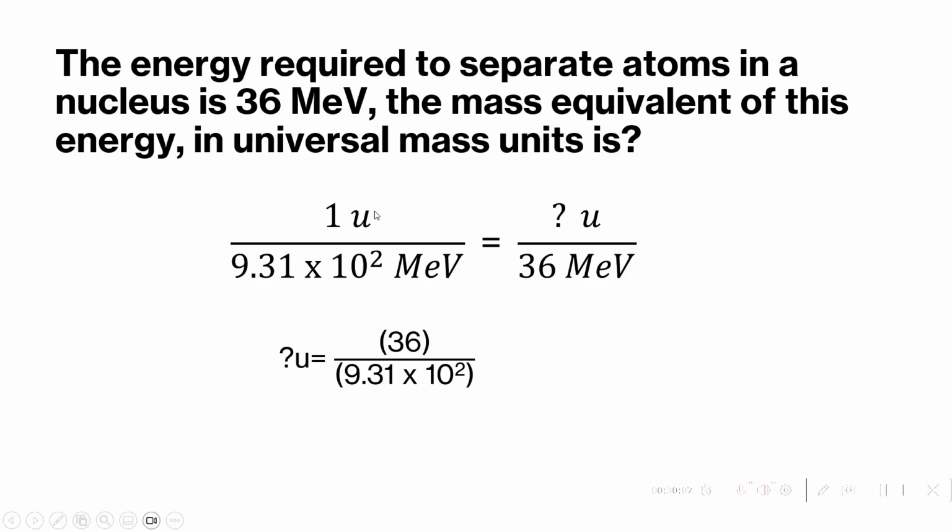When you cross multiply, you get 36 times 1 U, and then you get the question mark times this. So you get 36 divided by 931, and it ends up being 0.03 something. And that's where you're getting the number for the U value.